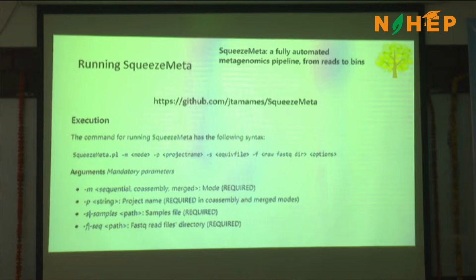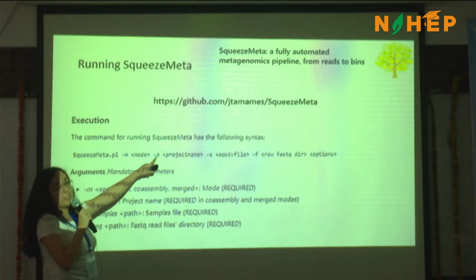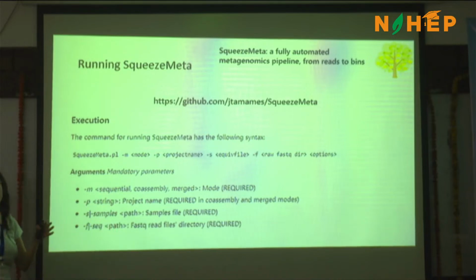So they have different modes of assembly depending on how many resources you have available, if you are willing to sacrifice a little bit of quality to be able to do it with fewer resources or in less time. And then you can just assign a project name, because all the outputs that they're going to give you, which are a lot of files, are going to have that name, so you can always identify them.